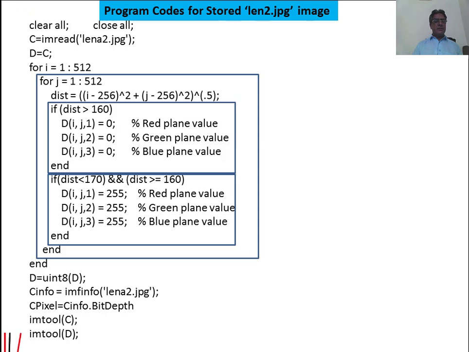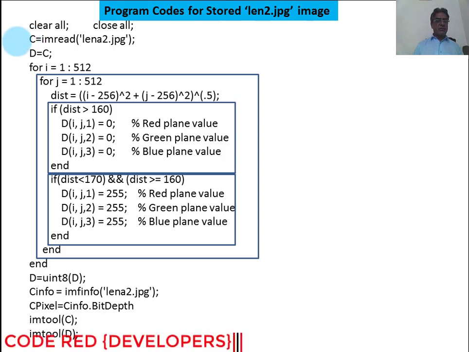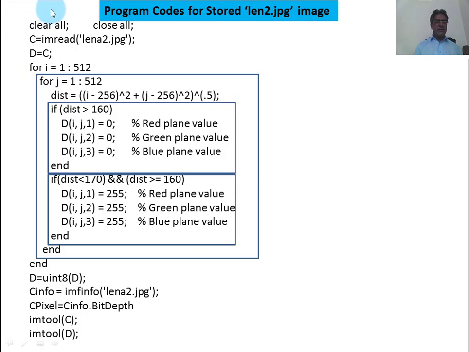I will not change the value of C, I will display it as it is, while I will modify the value of D and also display that modified value of D. Here there are two loops.